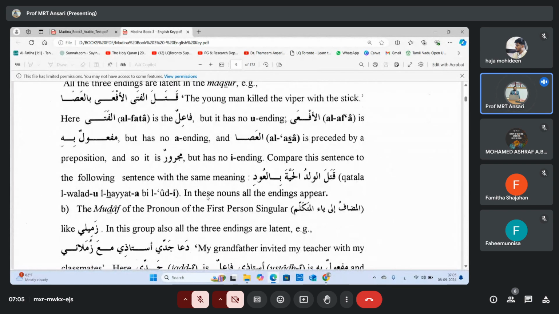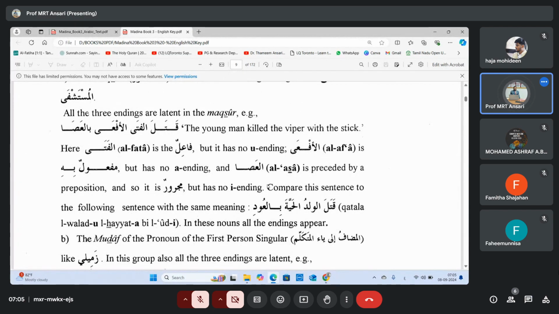When you compare with regular nouns, you can see: قتل الولد الحية بالعود. Qatala is a verb, al-waladu is the fa'il, al-hayyata is maf'ul bihi, bil-'udi is jar majrur. So what happens with words ending in al-maqsur? We don't find the endings there. Instead, we recognize them. Okay, fine.